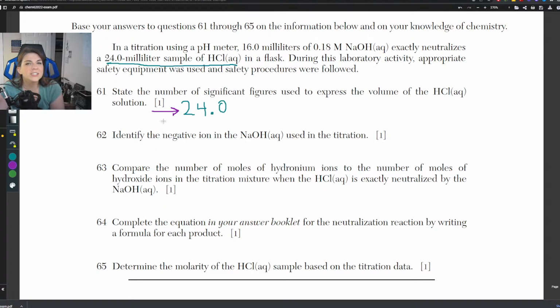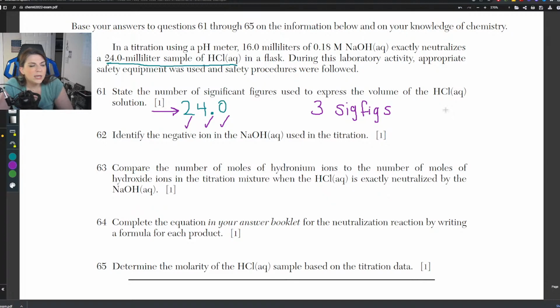I'm looking for the first non-zero number, which is 2. I'm going to count the 2 and everything that comes after it, no matter what. So in this case of 24.0 with a decimal, I have 3 significant figures. If you need help with those, there are at least 2 videos on the channel about counting sig figs. It's probably at most going to be 1 question, so I wouldn't stress about it.